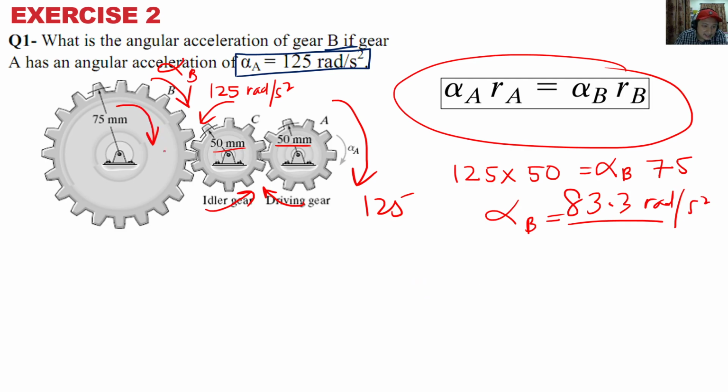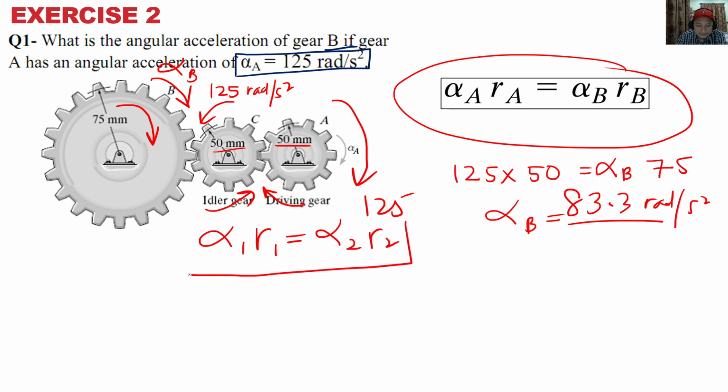Acceleration here is slower. So now you can look at teeth. You can do the same deduction with teeth. So the relationship is alpha 1 R1 equals alpha 2 R2.